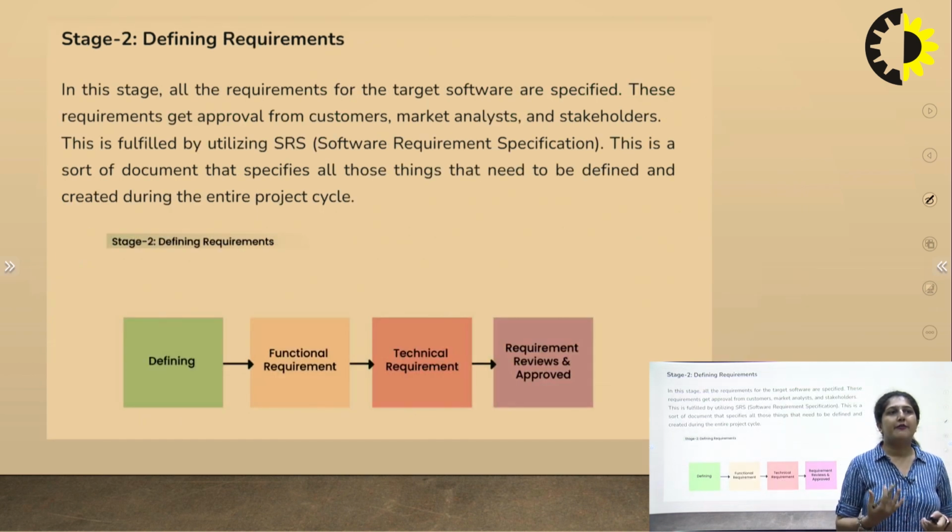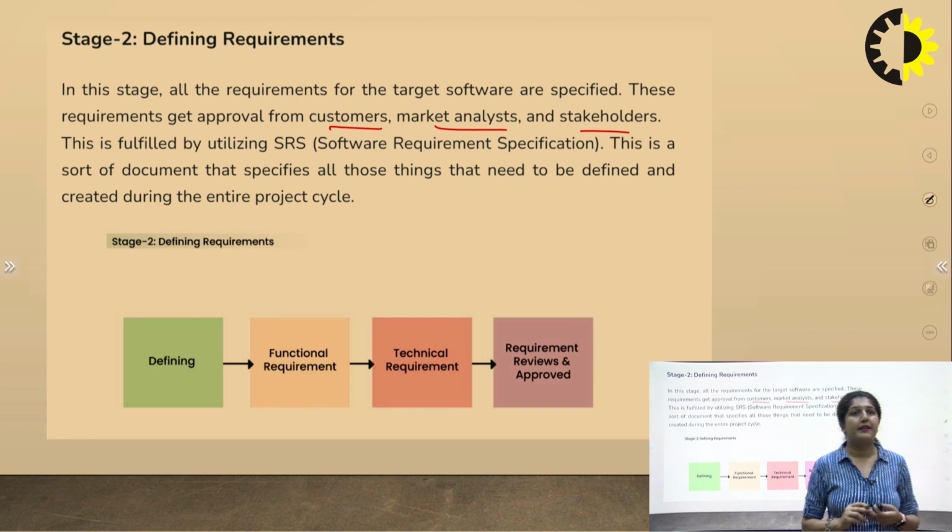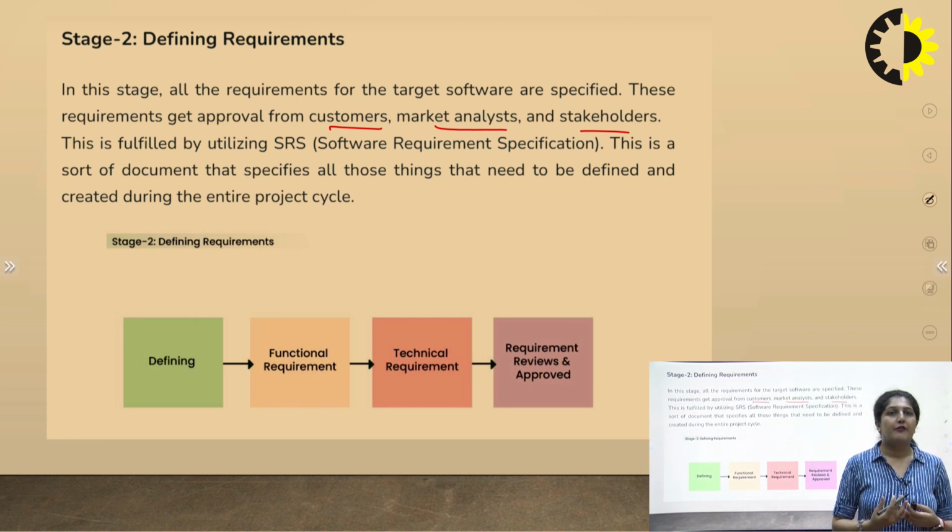Then comes defining the requirements. In this stage, the requirements for the targeted software are specified more precisely. In this, we will be getting approval from the customers, market analysts and the stakeholders who have funded us.